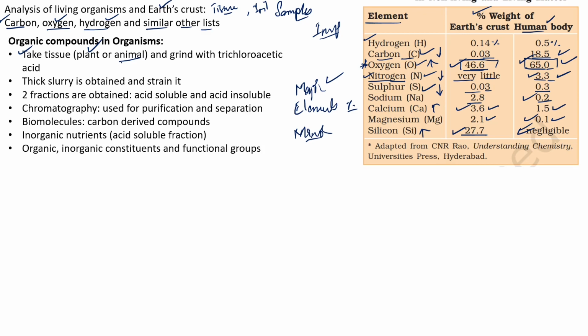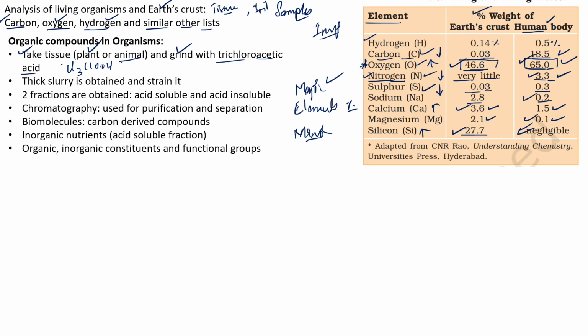We have to grind this tissue with a chemical called trichloroacetic acid. They have mentioned the formula Cl3CCOOH. This is the chemical formula for trichloroacetic acid.